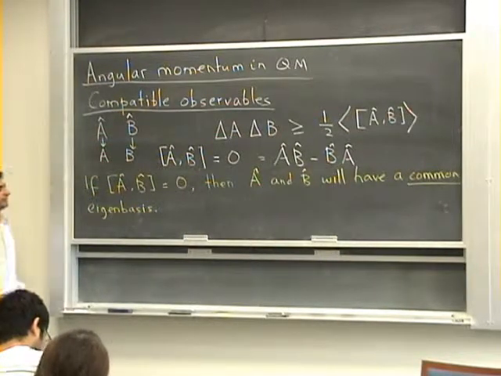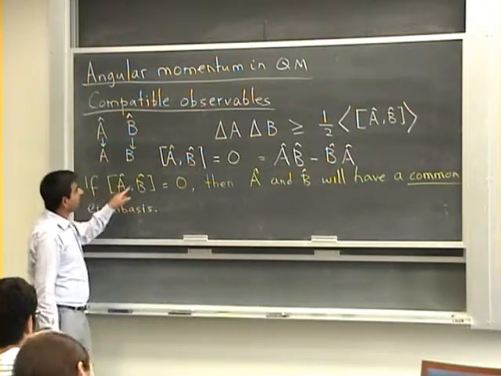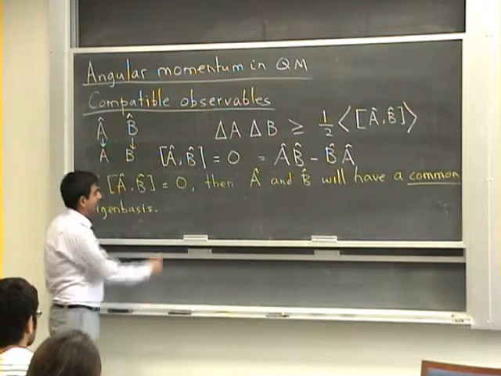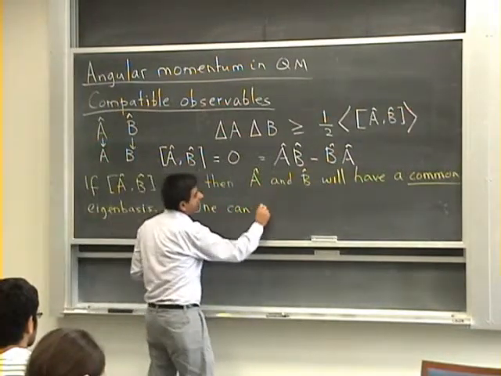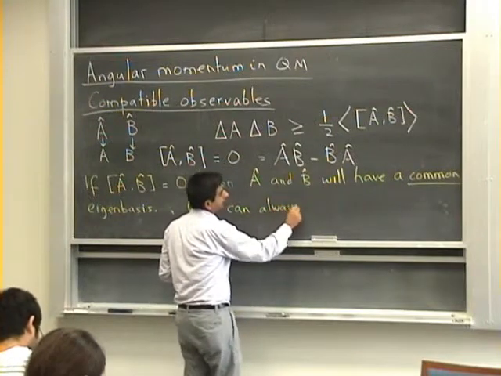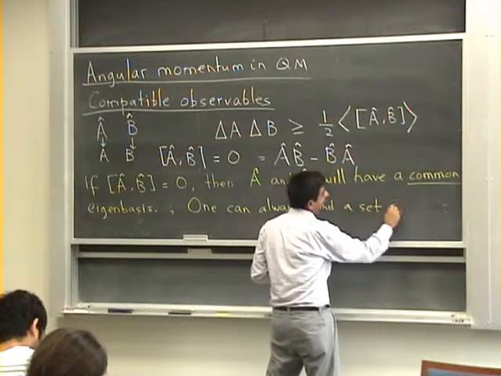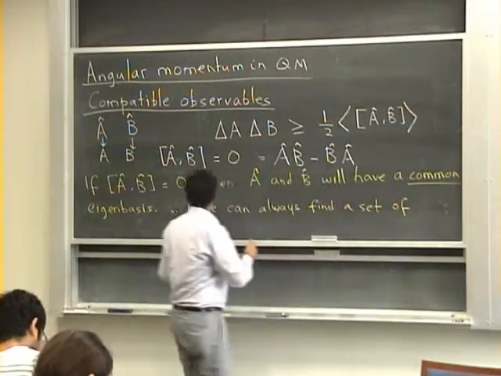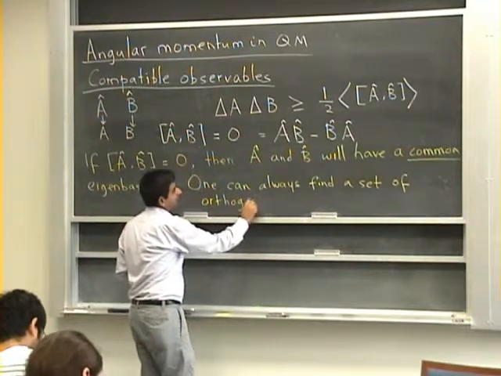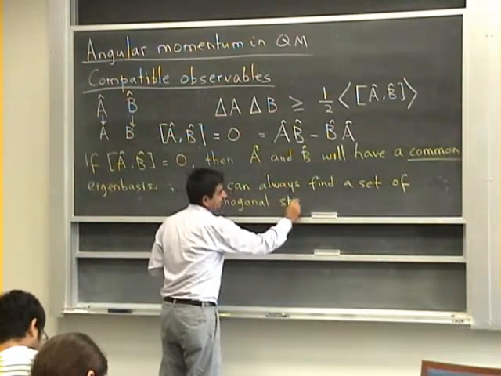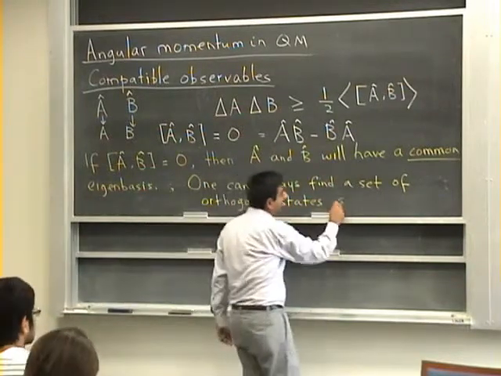In other words, another way of stating this theorem is that if A and B commute, one can always find a set of orthogonal states spanning the Hilbert space.